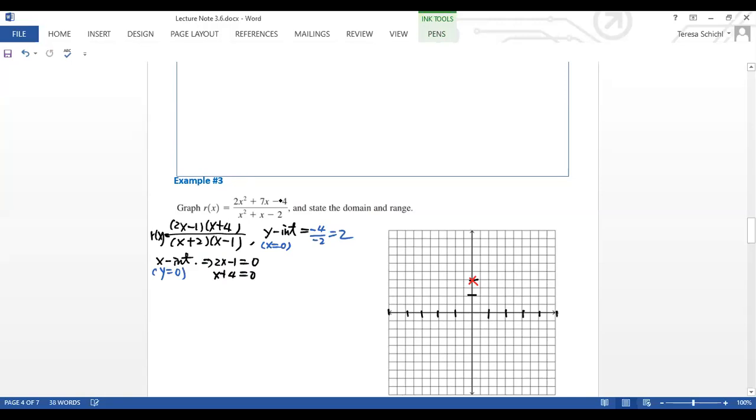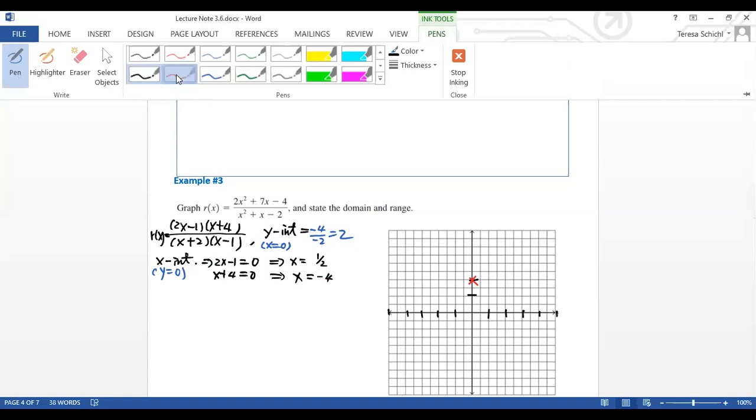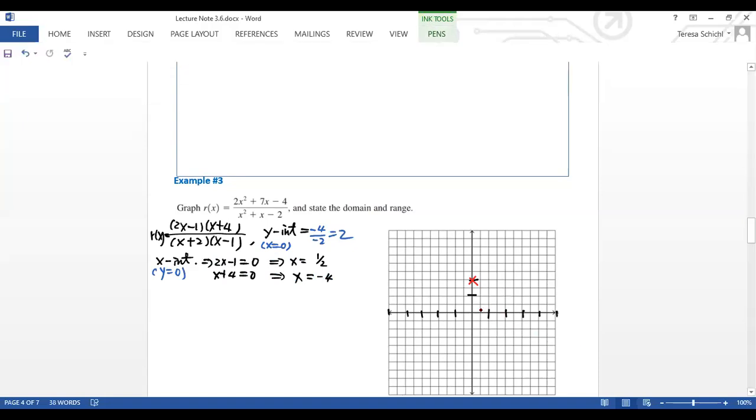So 2x minus 1 equal to 0 gives x equal to 1/2, and x plus 4 equal to 0 gives x equal to -4. Let's plot the x-intercepts: x equal to 1/2, and x equal to -4, so it goes through here.